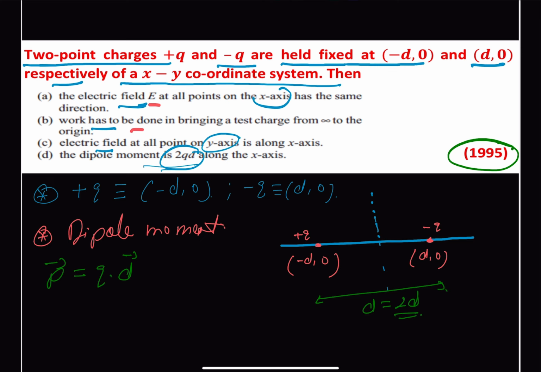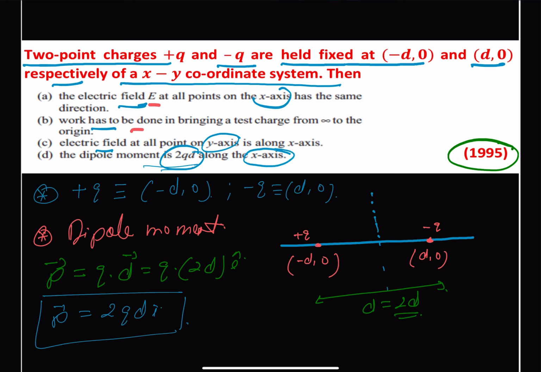And we substitute, we get this as q times 2d, along our i vector. Okay. And so we can say our dipole moment P will be equal to 2qd i vector, and it says that it is along our x-axis.